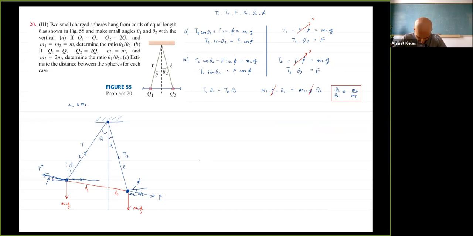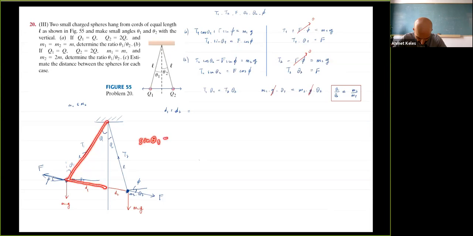First, the distance that we are required to calculate is d1 plus d2. And this d1 plus d2 is equal to what? For small angles, this divided by this is sine theta 1.